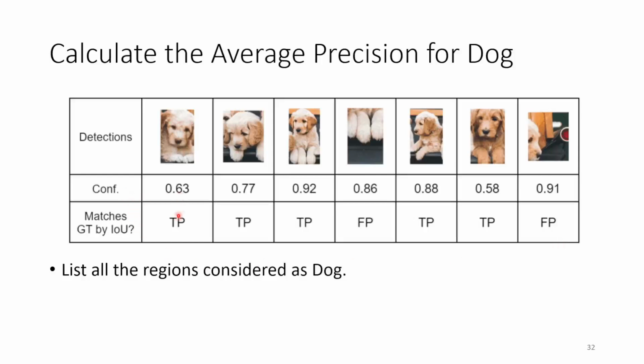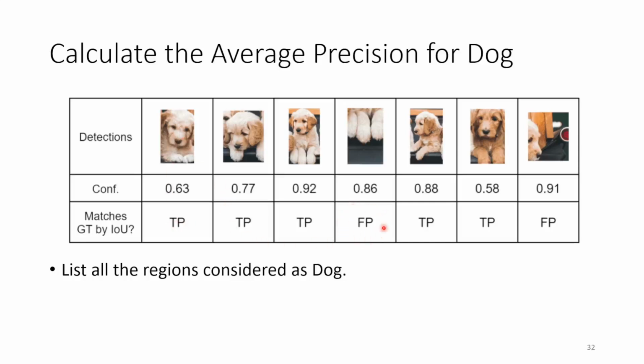You have a threshold for the IOU. You can calculate whether each region satisfies the threshold. If the IOU value is greater than the IOU threshold, then it is a true positive. Positive means you assume those regions are all dogs, but some of them are true positives and some are false positives.